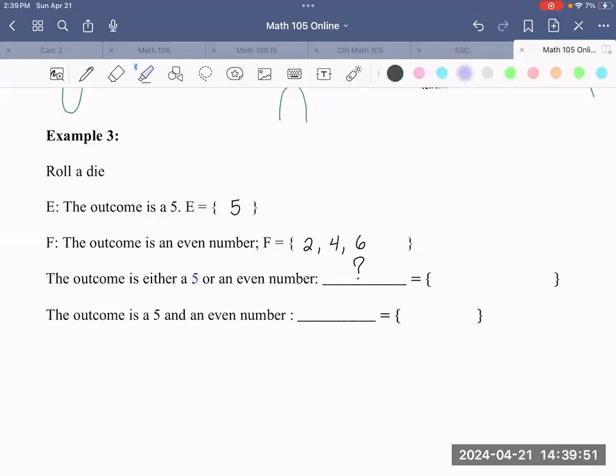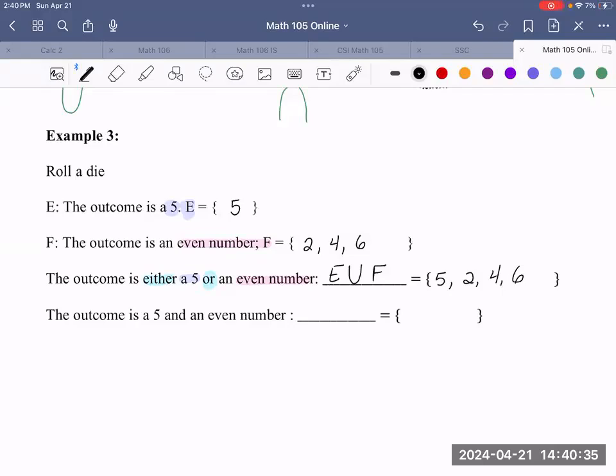Well, it says either a 5, and a 5 is E, or, either or, either a 5 or an even number, which is F. So E or F. So you could have either a 5 or a 2, 4, or a 6.